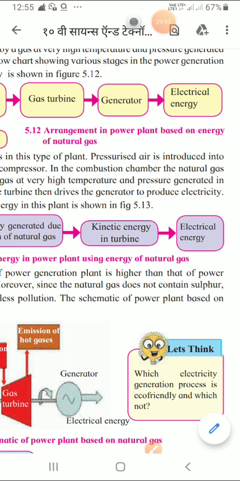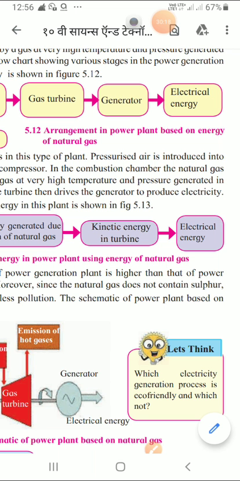The schematic diagram of the power plant based on natural gas is given here. You can see in the figure. So there is one activity for you. You have to think over it: which electricity generation process is eco-friendly and which one is not.